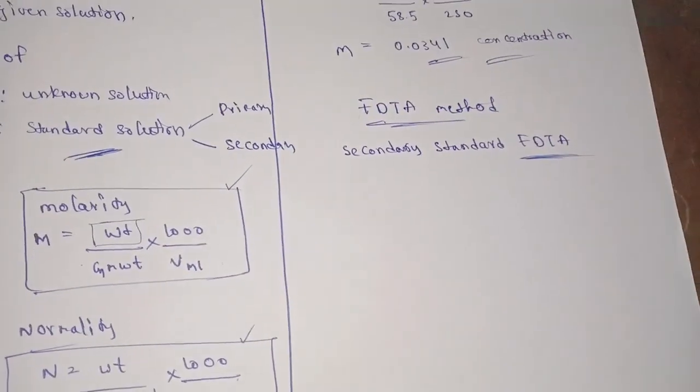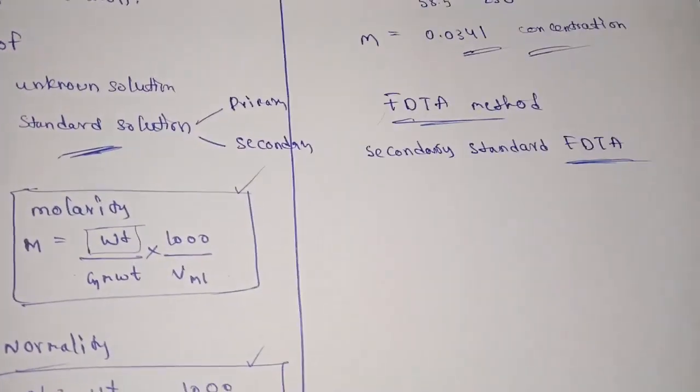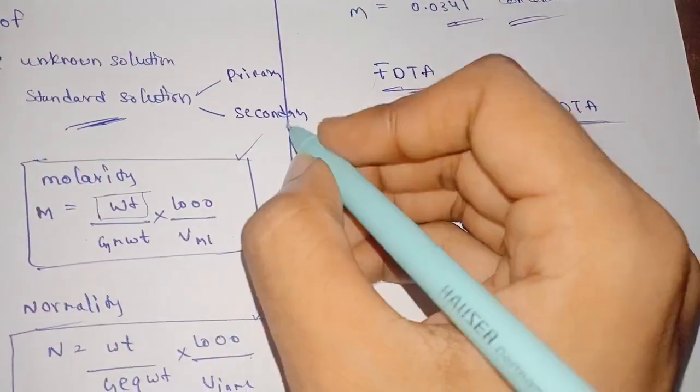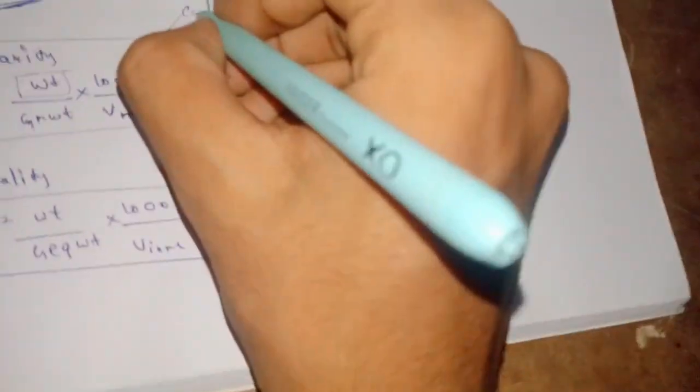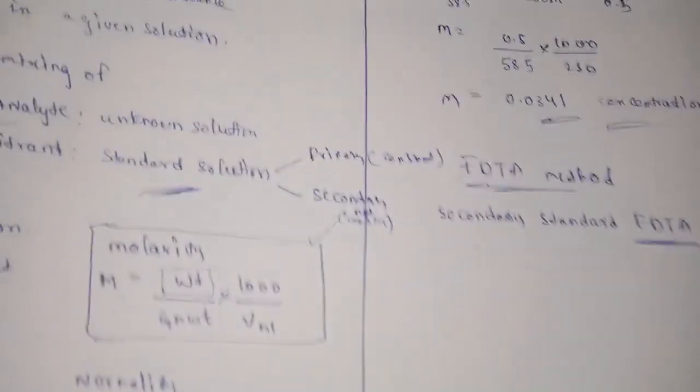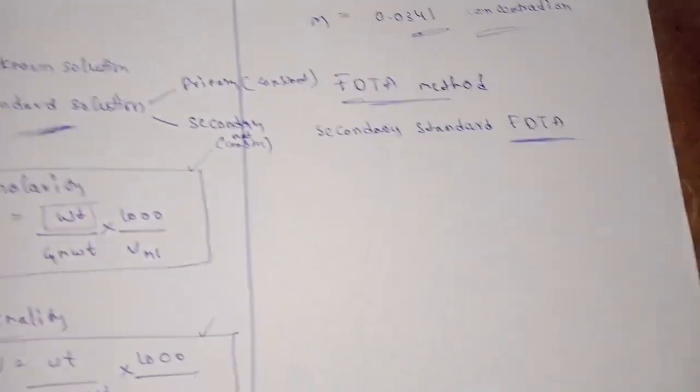A secondary standard solution means the concentration changes with time, so it is not constant. A primary one has constant concentration, but this one is not constant. That's why the problem occurs.